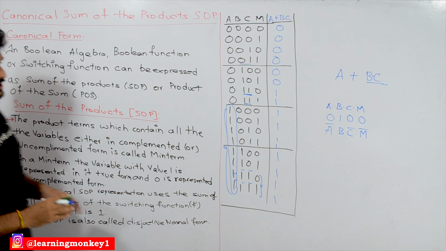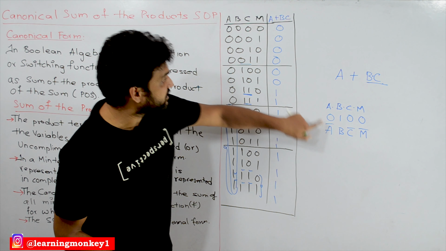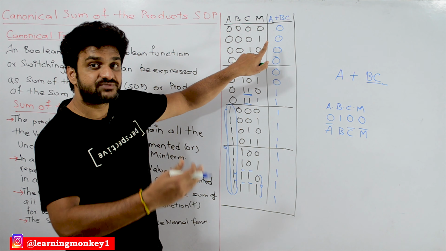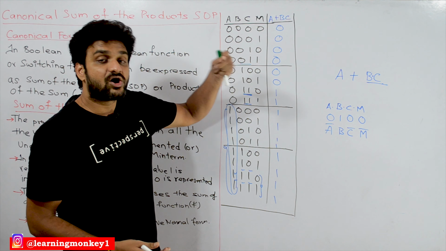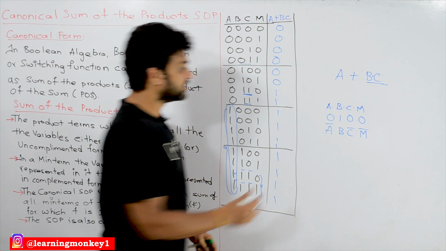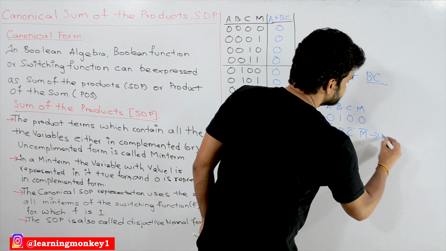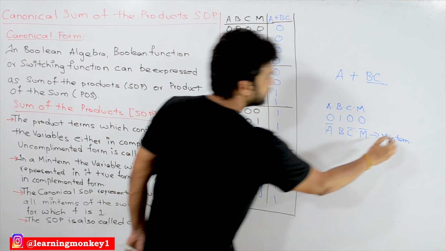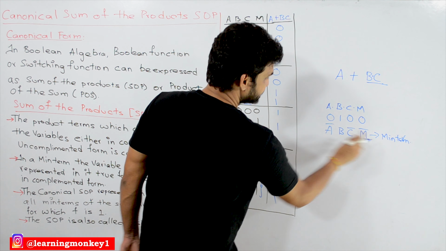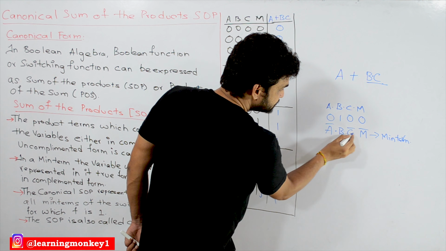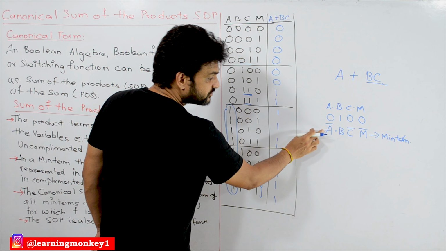If the inputs with all the variables are represented in complemented and uncomplemented form, this is what we call a min term.